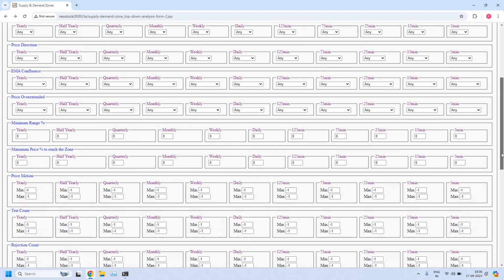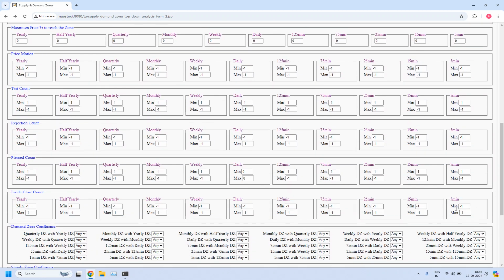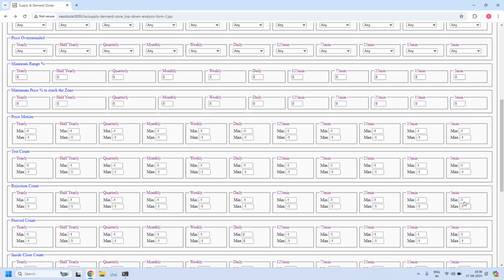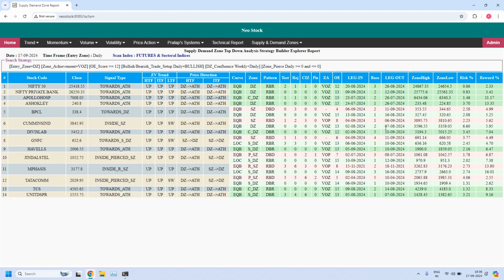In the demand zone confluence, I am enabling the filter daily demand zone with weekly demand zone confluence. Out of 22, 14 stocks are filtered. These 14 stocks are currently supporting bullish trade setup for monthly income trade, and also the daily zones are part of the weekly zones.